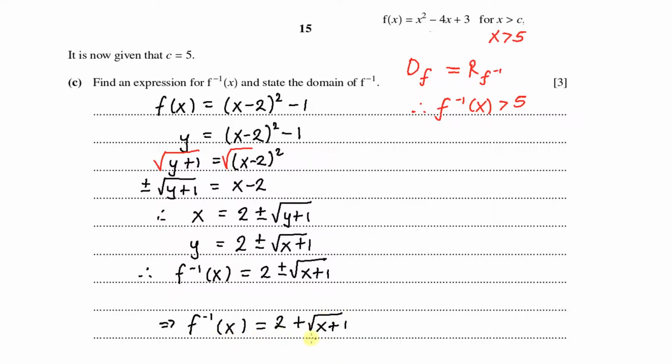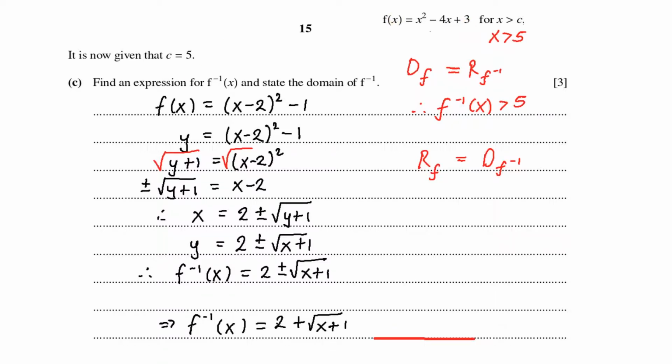Now for the domain of the inverse function, you need also to understand that the range of the function is comparable to the domain of the inverse, which is the one that we're looking for. Which means for us to find the domain of this inverse function, we have to know what the range of the original function is.